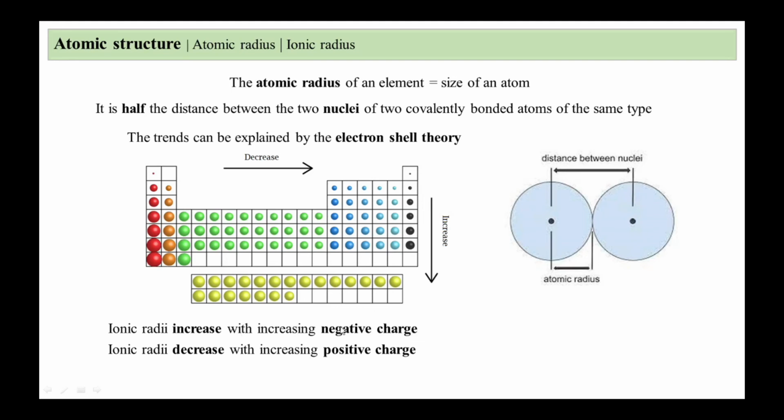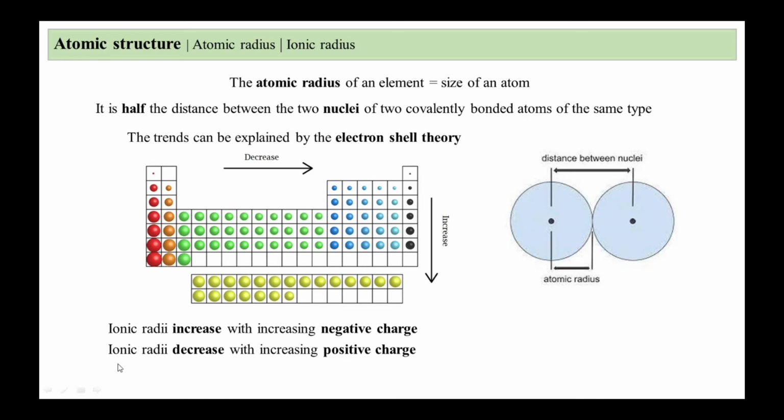While adding these electrons, we keep the positive charge in the nucleus the same. So those electrons will be added to shells which are very far from the nucleus, and the attractive forces will be less compared with the atom. So this is what makes the ionic radii increase in negatively charged ions, or anions.